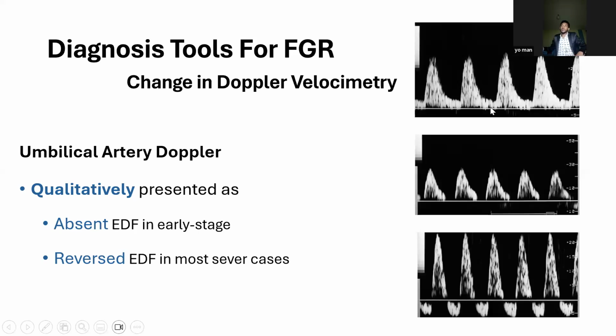About the normal waveform, I was arguing with my friend about this. He said that when you do an umbilical artery waveform, if you find a diastolic flow, which is here, then consider it normal.